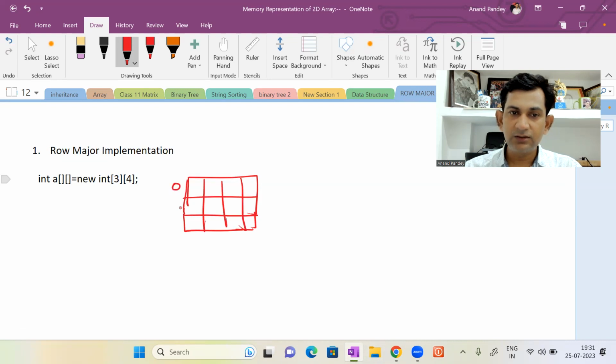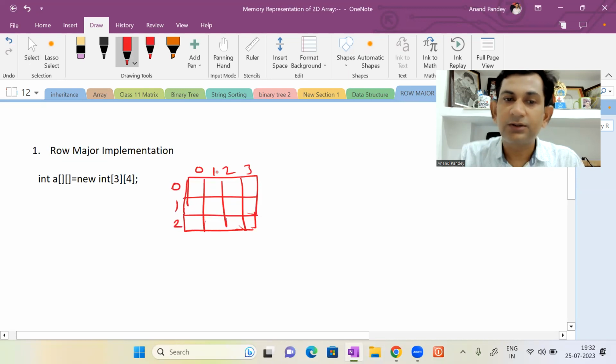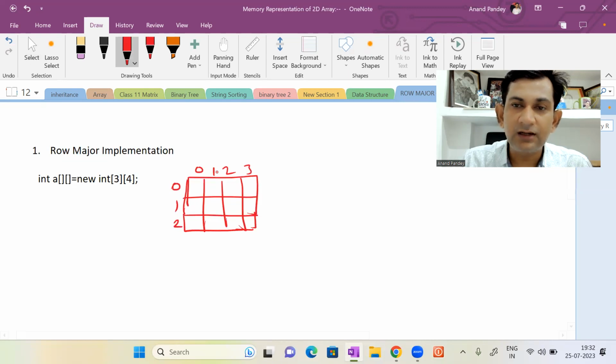Here 0, 1, 2 are the row indices, and 0, 1, 2, and 3 are the column indices. The new operator will allocate memory for 3 rows and 4 columns in this manner.